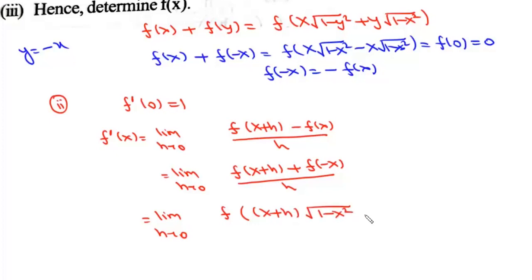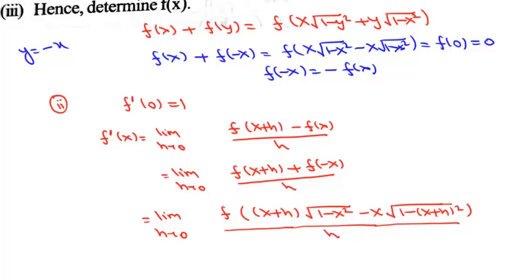1 minus x square, and then minus x into under root of 1 minus (x plus h) whole square, whole divided by h.